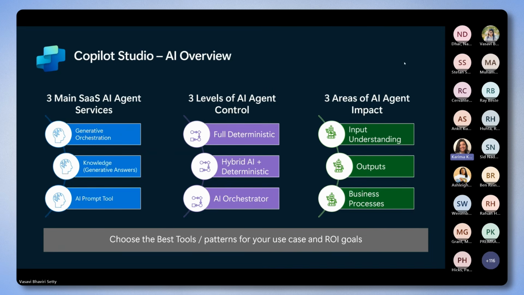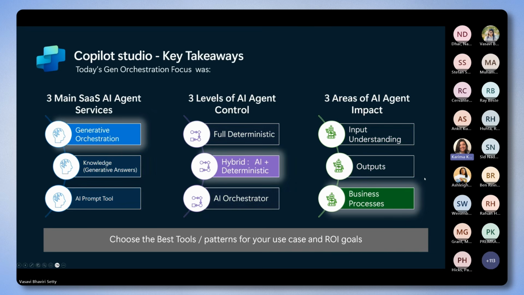orchestration call. And so I think I'm ending on time. I really wanted to recap the fact that I'm trying to reorganize all the information that you're getting about control and AI and orchestration, and remind you that there are 3 distinct AI SaaS services in Copilot Studio, that there are 3 levels of AI control that you can harness, and that there are 3 areas of AI agent impact that you can focus on.